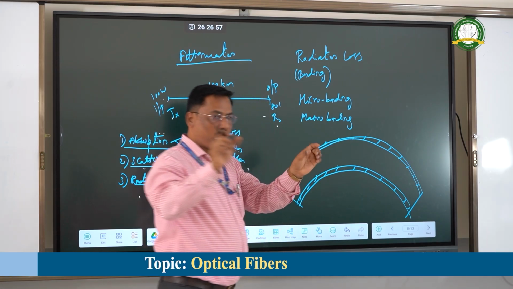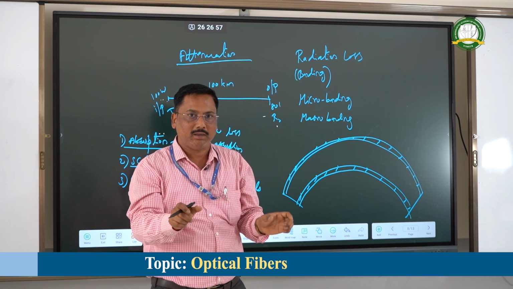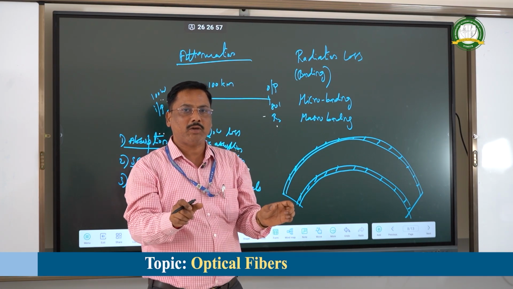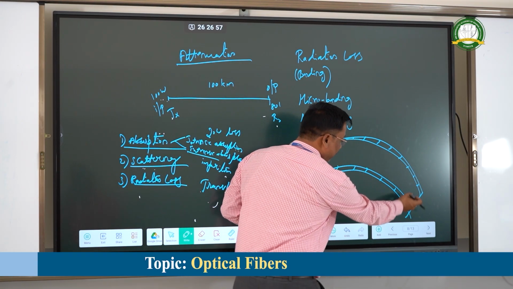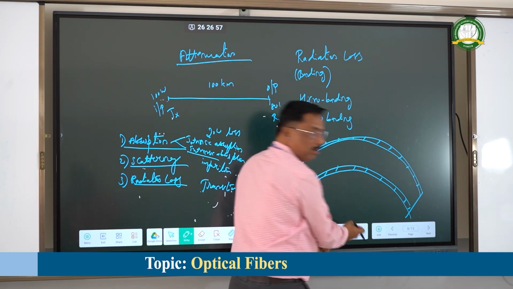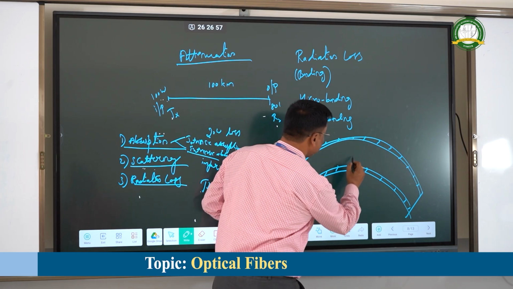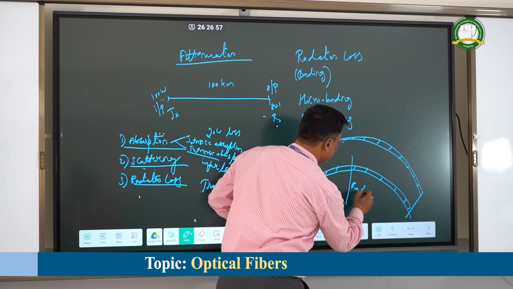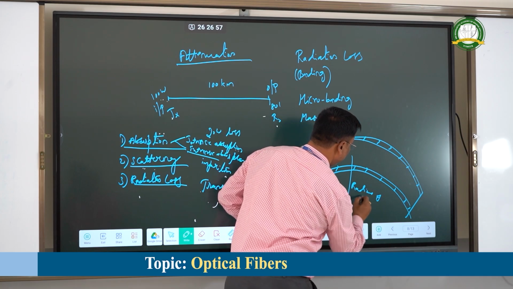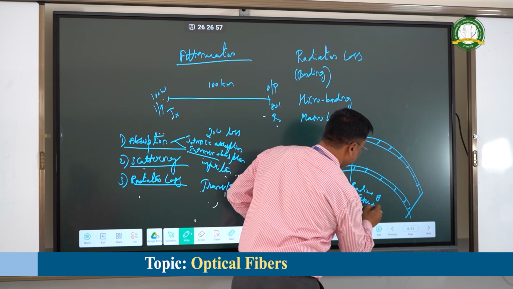You take the two ends of the optical fiber and just bend it. That bending is called macro bending. If you hold the two ends of the optical fiber and drag it, still bending will take place. Here we have the radius of curvature.